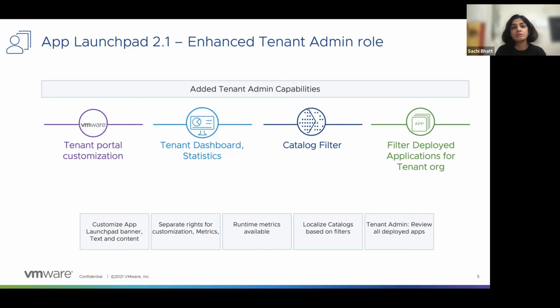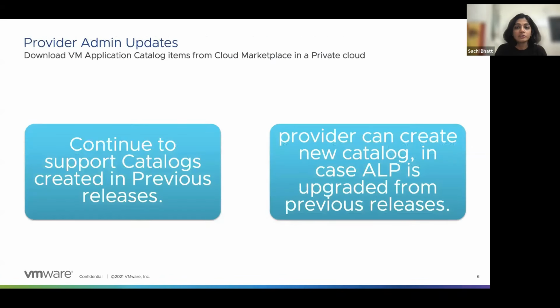So these are main enhancements or new features we added in App Launchpad 2.0. I would like to give you two more updates. Both of them are for provider admin. First one is support for the catalogs or backward compatibility of the cloud marketplace connection. So remember we talked about push versus pull mechanism for VMware Cloud Director connecting to cloud marketplace.